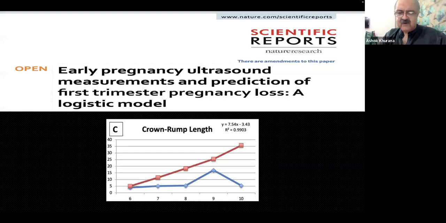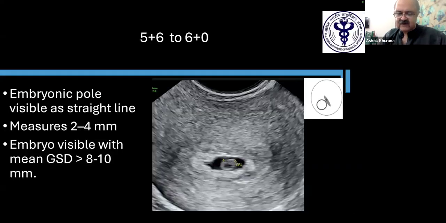So we know that the embryo would be appearing after the yolk sac has appeared, that it is always eccentrically located within the gestational sac, and that usually by the time it appears, it has cardiac activity, but it may not. And so we have definitions to define what is actually happening.